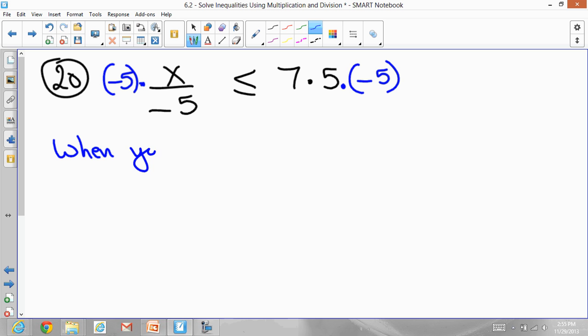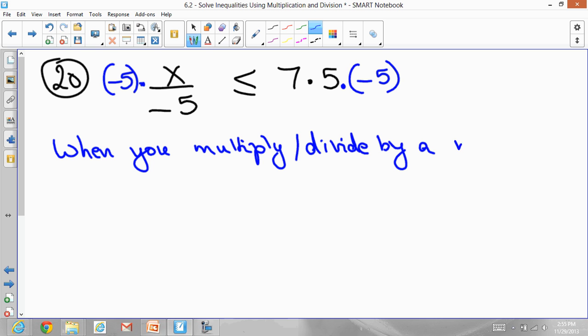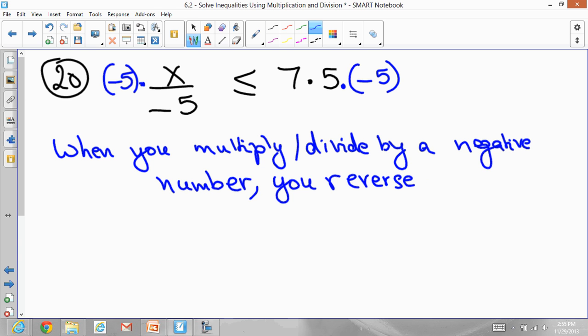Now you want to write this one down. When you multiply or divide by a negative number, you reverse the inequality symbol.